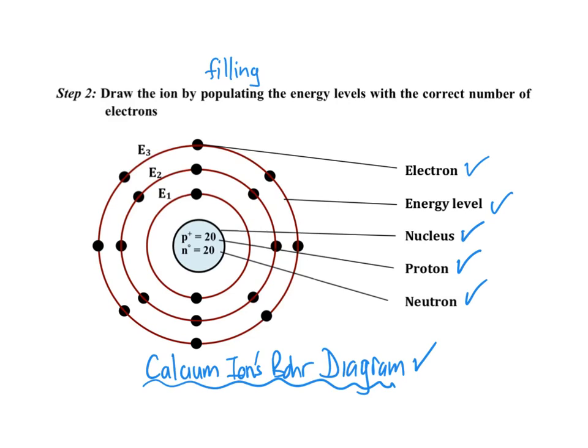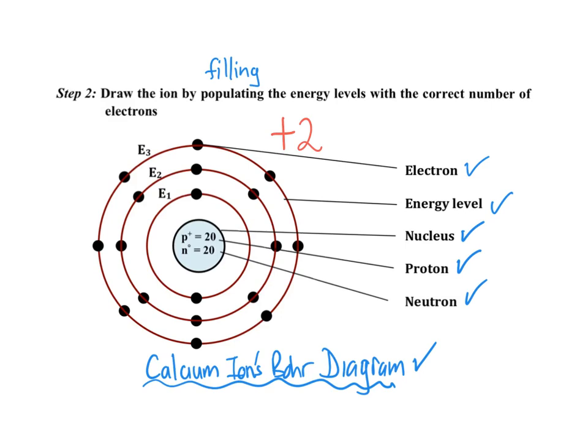And so, yes, an ion should always have a full outer energy level. And that energy level 3 is full. One last thing I would like you to do is put the charge here, plus 2. And now you have your completed diagram.